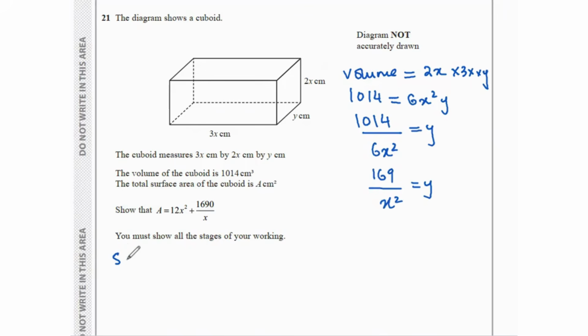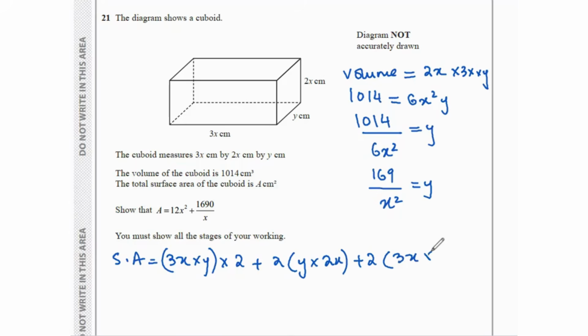Now for the surface area, it's 3x times y times 2, plus 2 times y times 2x, plus 2 times 3x times 2x.